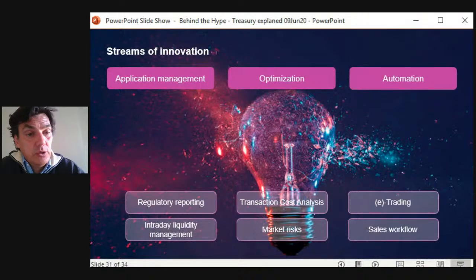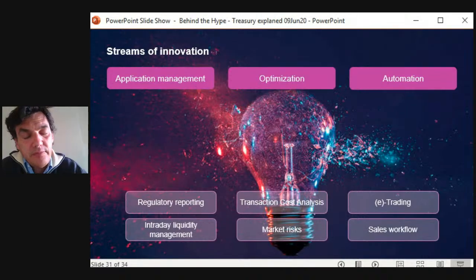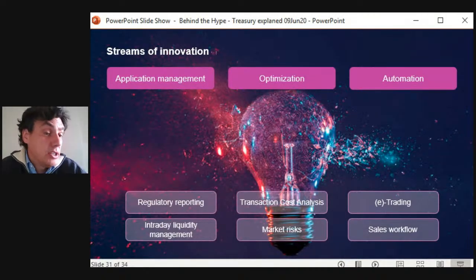So the things that I have identified right now are, the first one is regulatory reporting. Regulatory reporting is one of the 6 steps of what Treasury and the Treasurer has to do. It's to report to the regulators everything about the bank activity. And it's complex because it's changing every day.